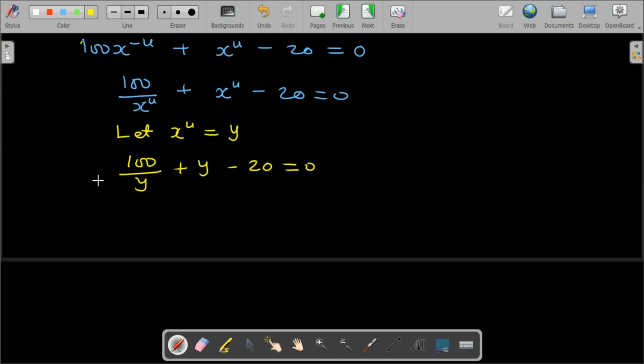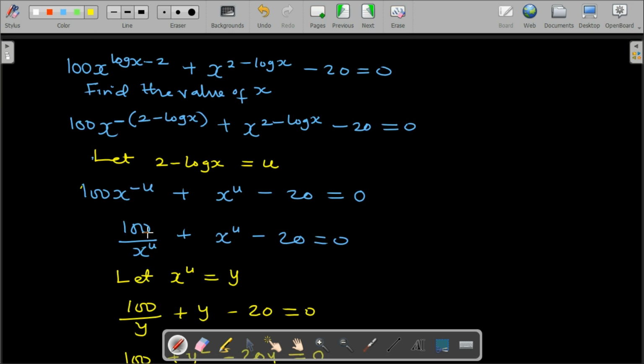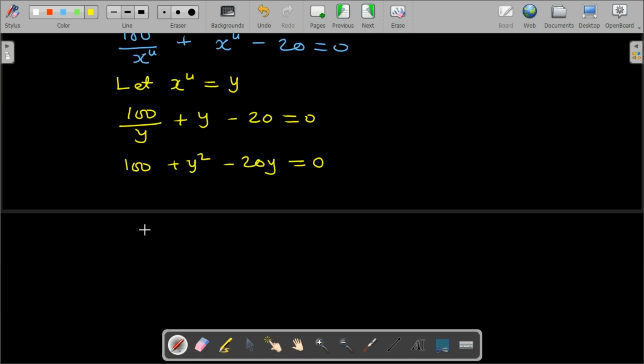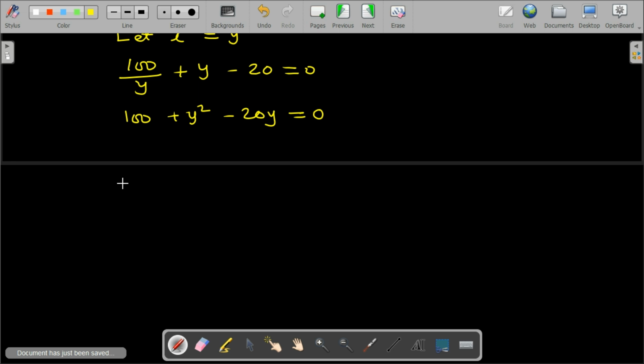So we multiply through by y, and we have 100 plus y squared minus 20y equals to 0. Writing it neatly in decreasing power of y: y squared minus 20y plus 100 equals to 0.